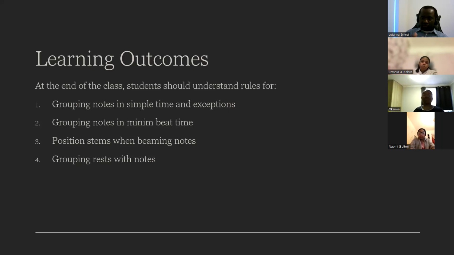The stem, then you have the crotchets, the quavers, and the like. So where does the stem face when you are grouping notes together? And then we'll see if you now have rests with notes, how do you group notes and rests together? Okay, so that's what we intend to cover today.